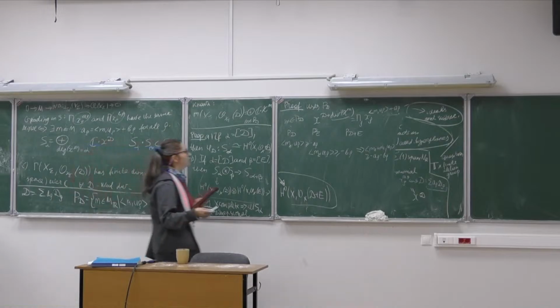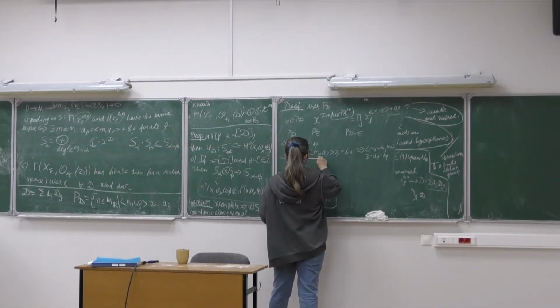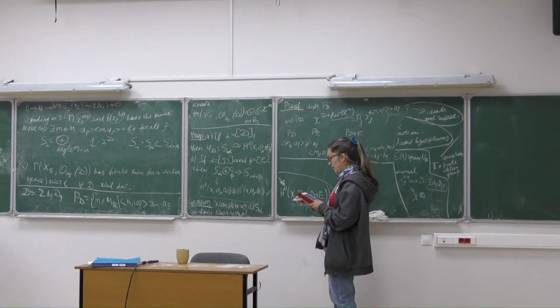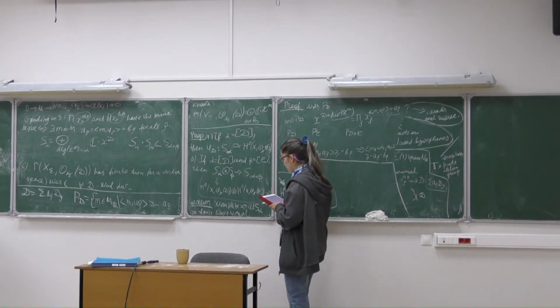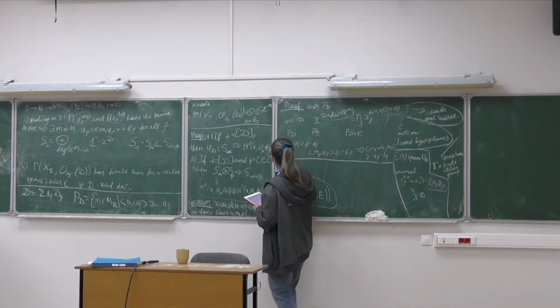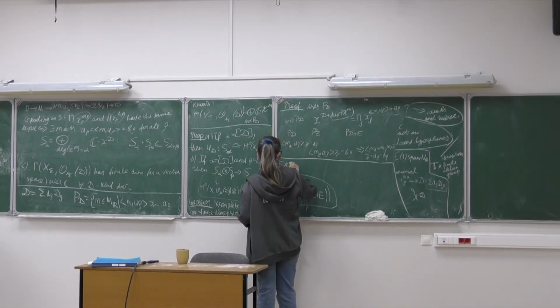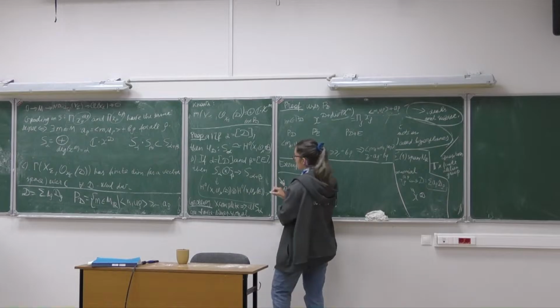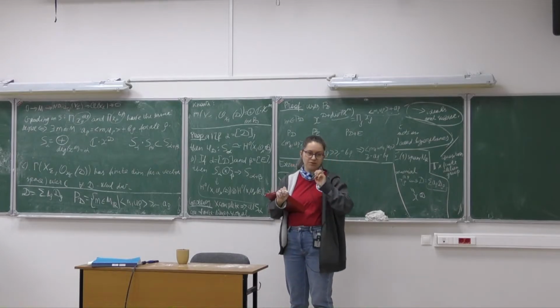Then I can give some examples. The most basic example here is the projective space. For the projective space Pn, what is our grading? In fact, our grading is by the class group.